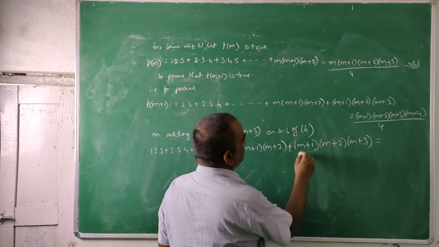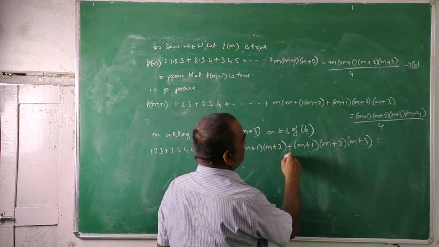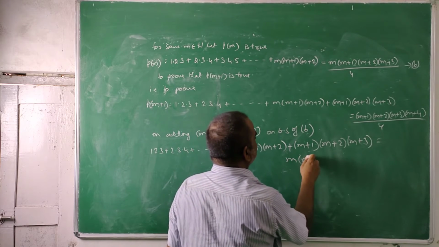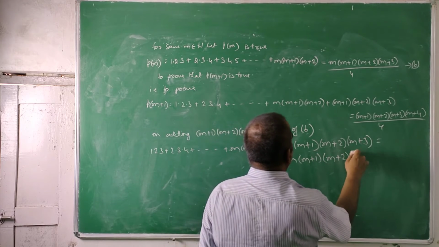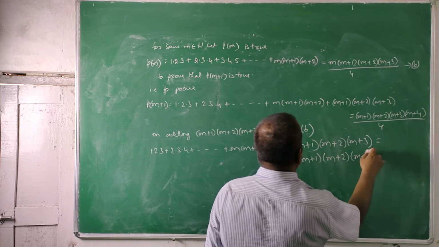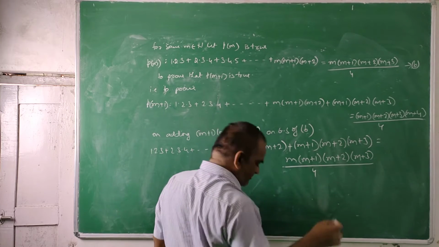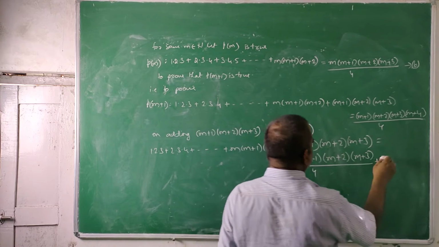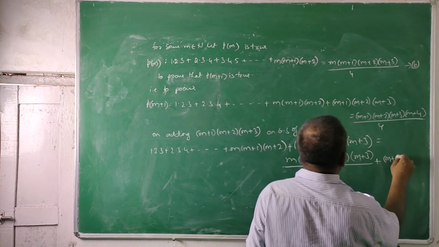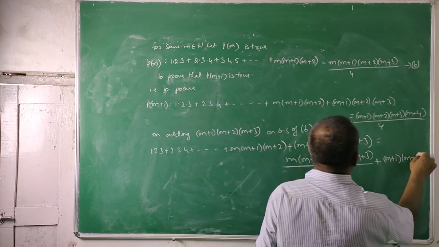So that place is not sufficient. I am writing here m into m plus 1 into m plus 2 into m plus 3 by 4 plus you have to add the quantity which you have added on LHS, which is m plus 1 into m plus 2 into m plus 3.